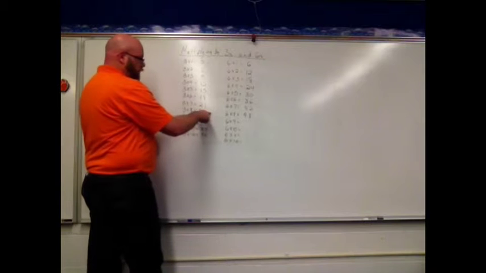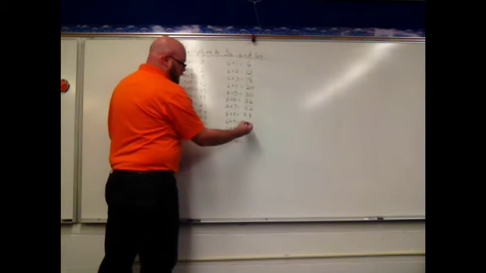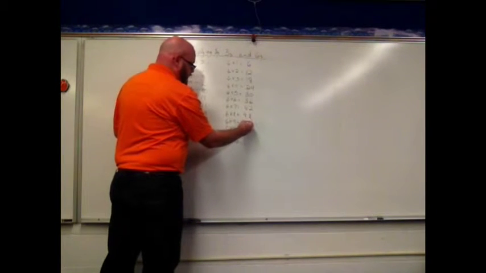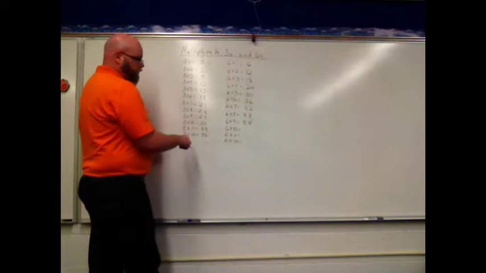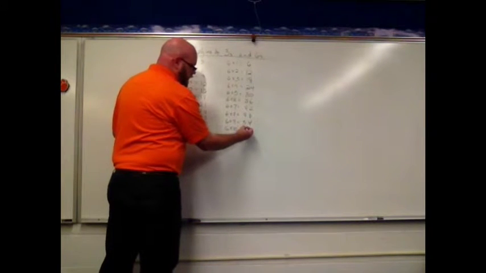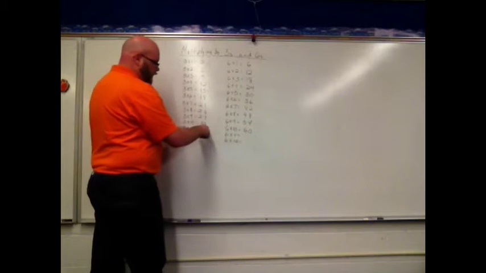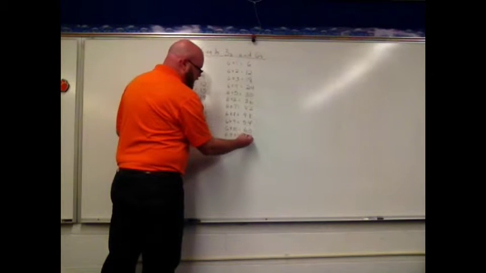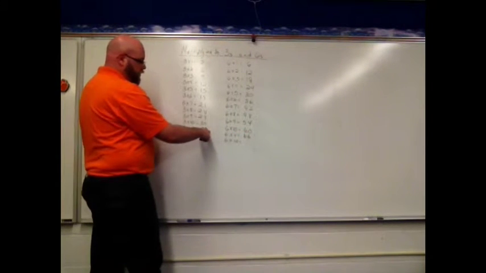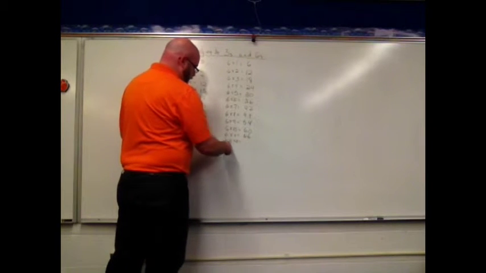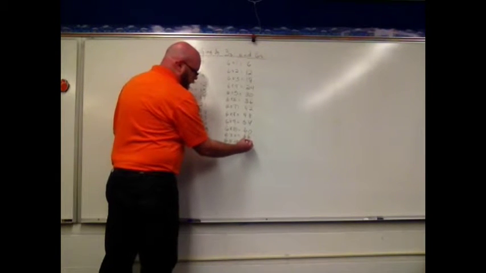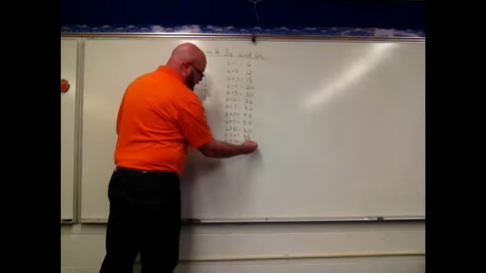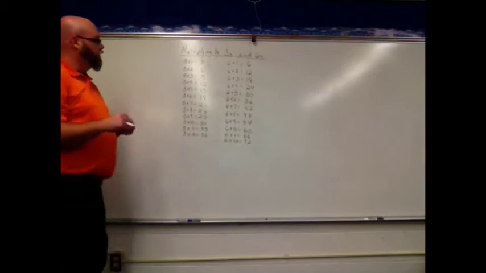That's double 24. 6 times 9 is 54, which is double 27. 6 times 10 is 60, which is double 30. 6 times 11 is 66, which is double 33. And 6 times 12 is 72, which is double 36.